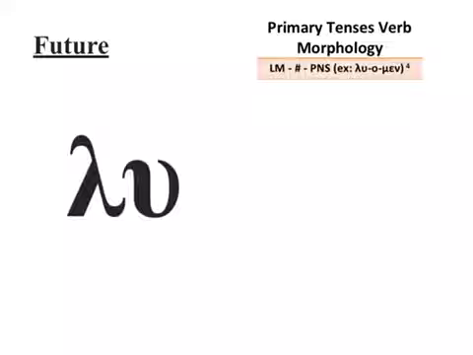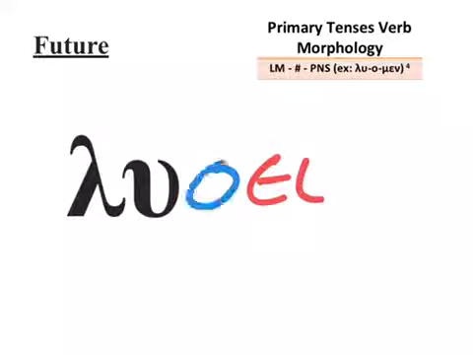Third singular. So you have, what is it, lu-e? Yes. So you put the e, and then you put the lusei. Simple? Any questions? No?